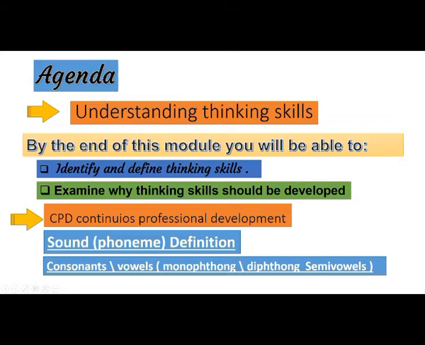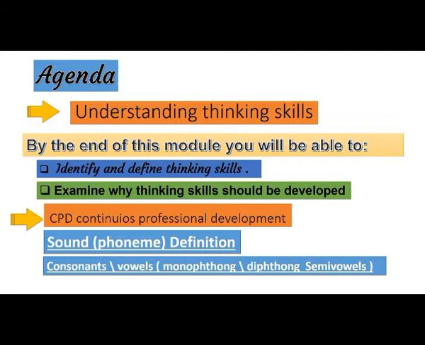We are going to talk about understanding thinking skills. By the end of this module, you will be able to identify and define thinking skills and examine why thinking skills should be developed.